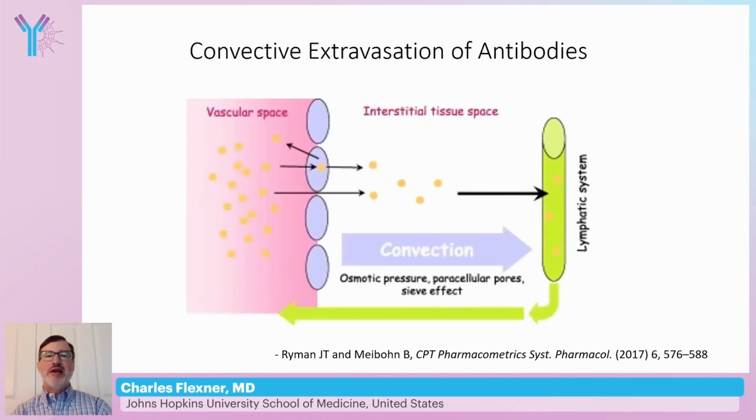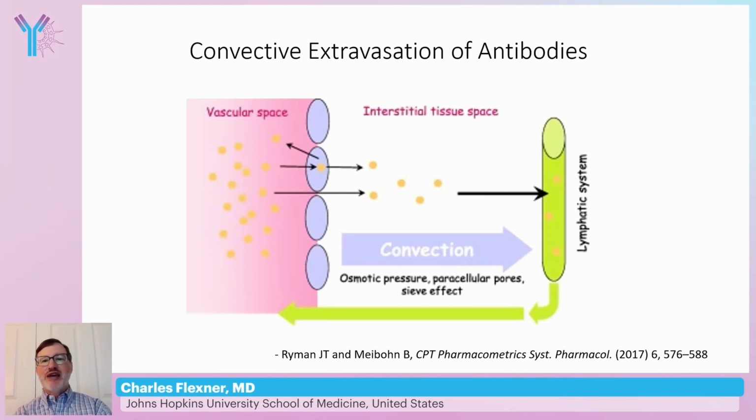When an antibody is created and released from a plasma cell, it can circulate by entering the vascular space. In addition, however, it's important to remember that antibodies can cross out of the vascular space and into the interstitial tissue space through a process called convective extravasation.